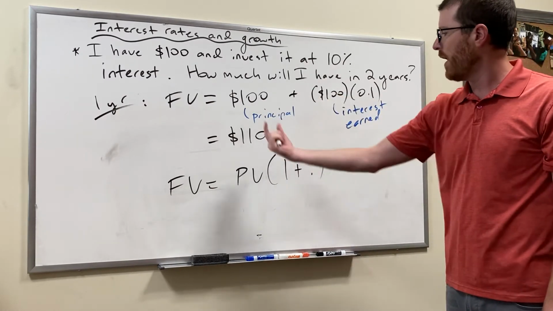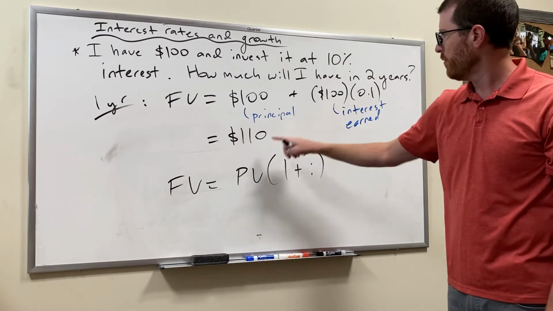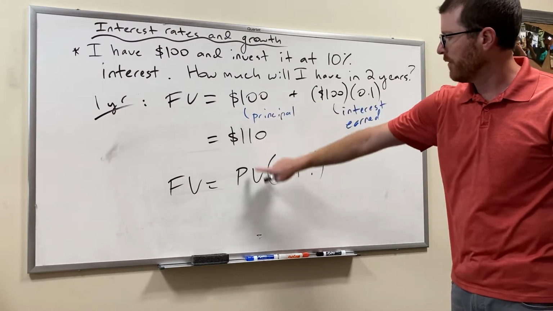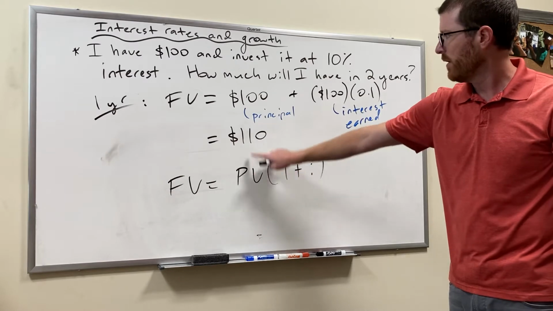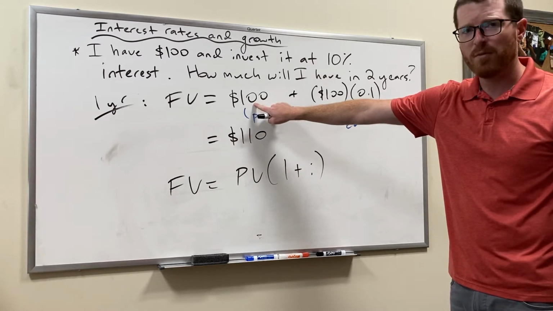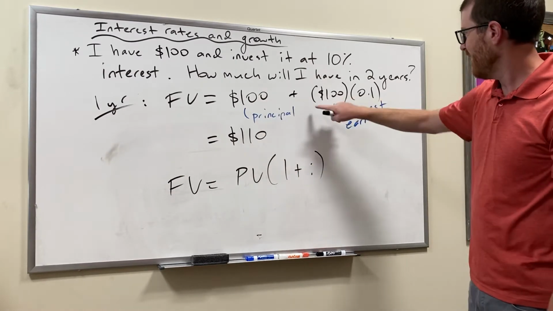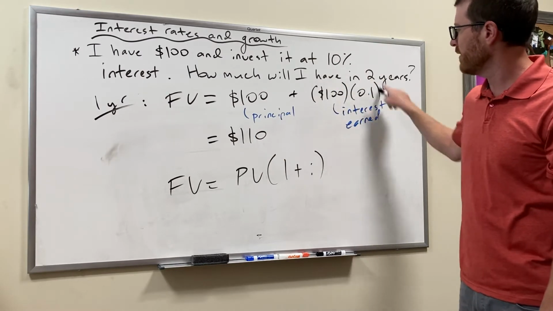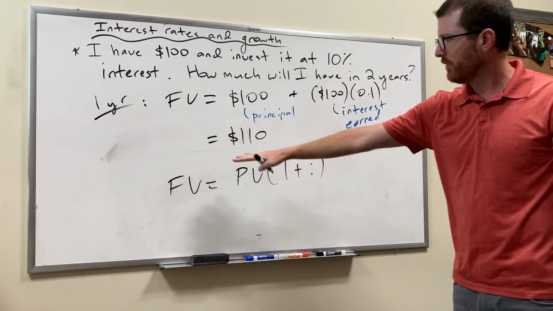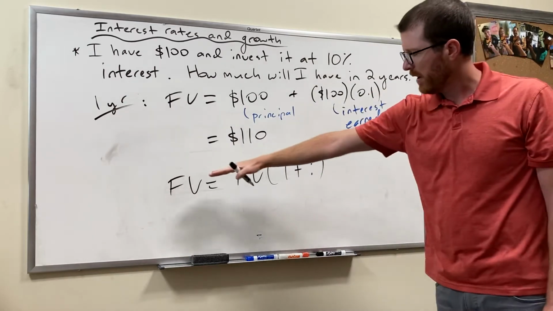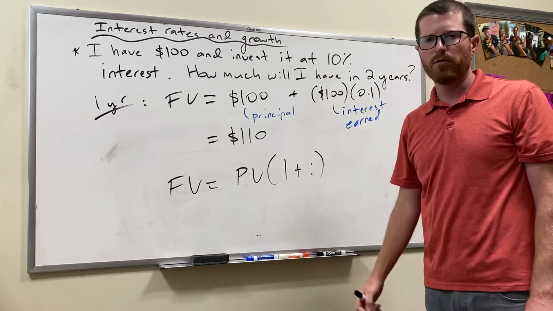I can pull that out, and basically what you're solving for here is, if I pull out this $100, we can use this to be 100 times 1, and this product here would be 100 times i. And so we can take this calculation and then use this generic formula to solve for it.